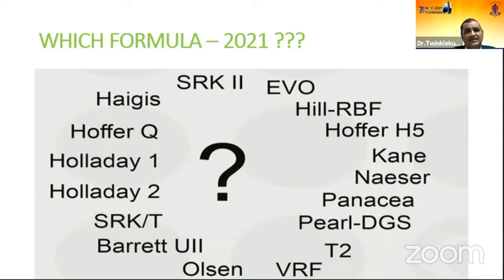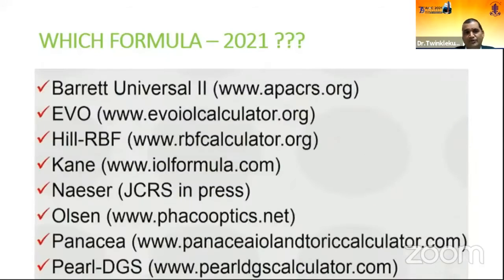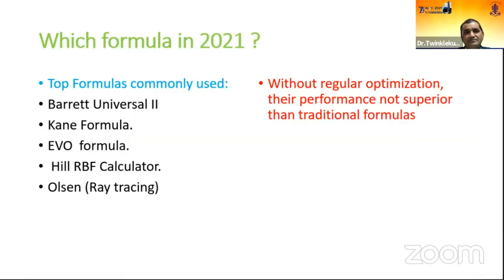All these formulas are coming, and we are very confused about which formula to use and when. All are easily accessible, free of charge, on different websites, and very few are chargeable. So accessibility, which was a question before, is also there. Now, which formula should be considered?